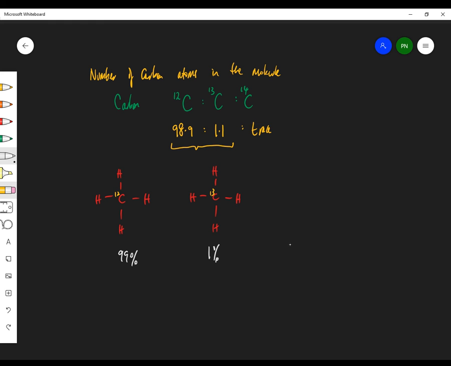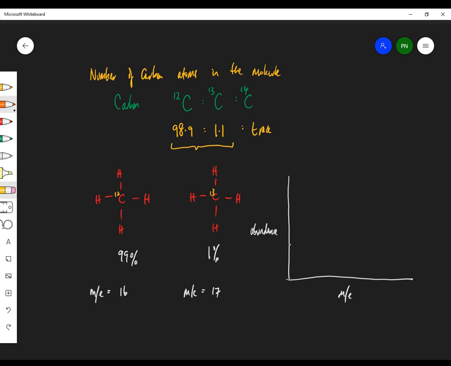So if I put methane through my mass spectrometry machine, we'd have abundance on the left, and this is our M over E. The mass of this one is 16, so M over E is 16, but the M over E for this one is 17, because the higher isotope is being looked at.